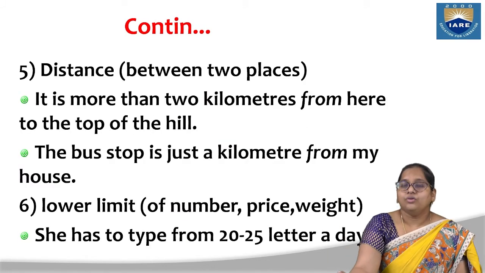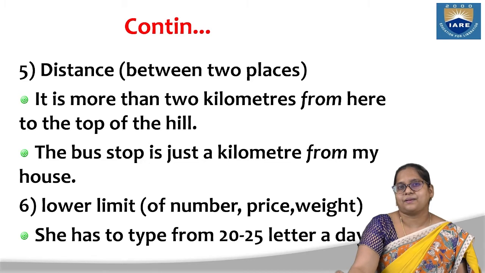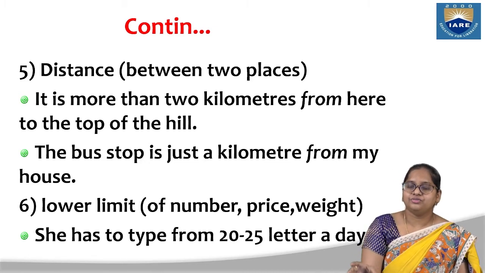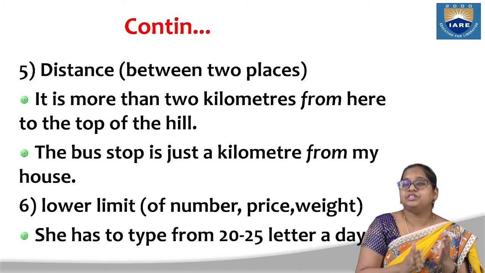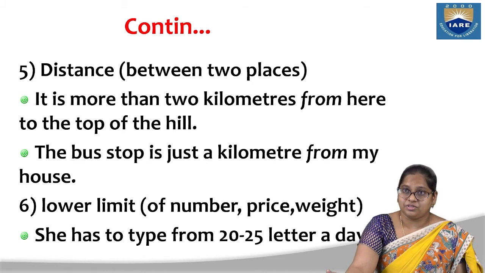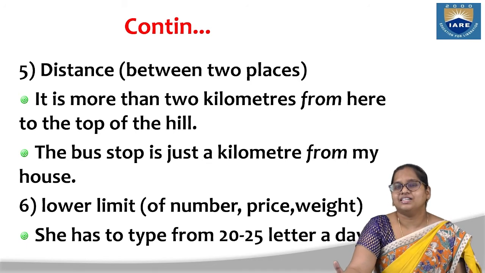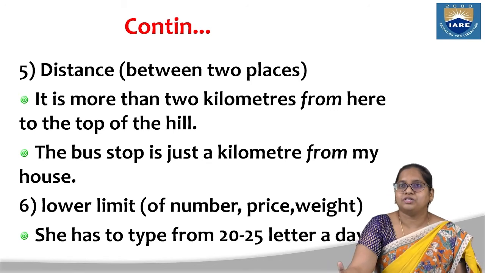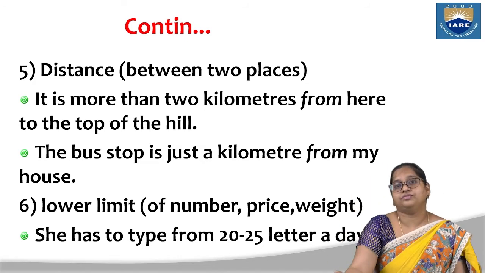Next, you can also use the preposition from when you are referring to distance, between two places. It is more than 2 kilometers from here to the top of the hill. So that is distance from here to the top of the hill.